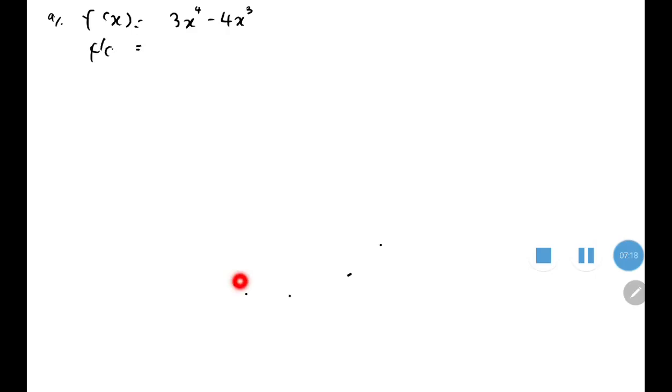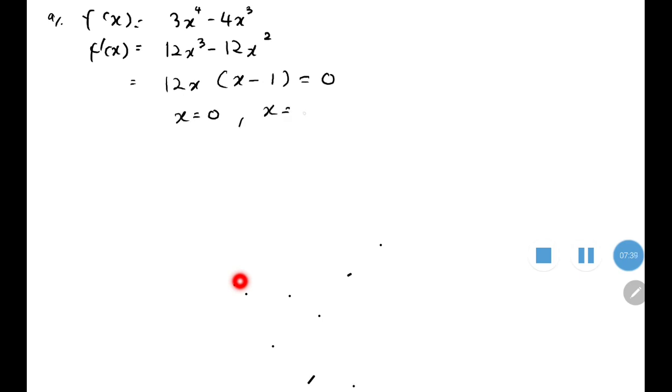So the first step is to derive this function, which should be 12x cubed minus 12x squared. Put the 12x together, equal it to 0, and then you will get x equal to 0 and x equal to 1. So x equal to 0 and x equal to 1 are the critical numbers.